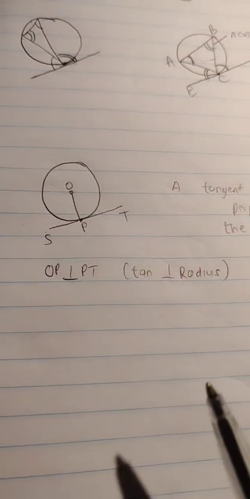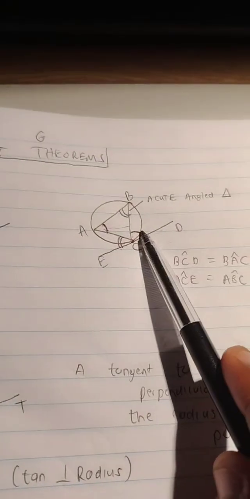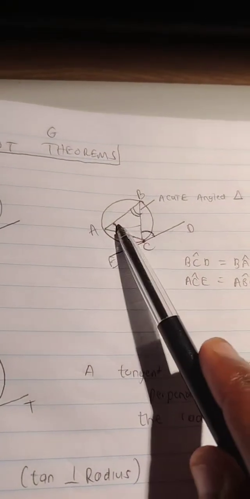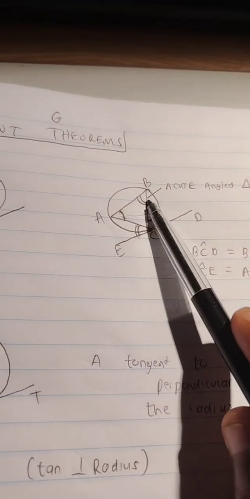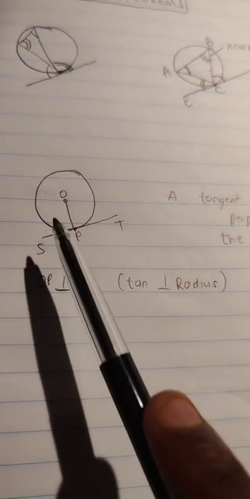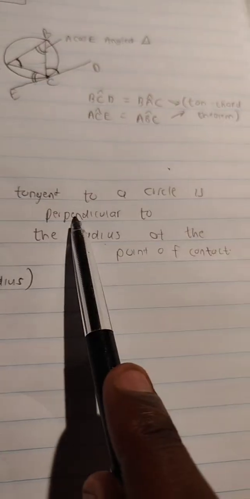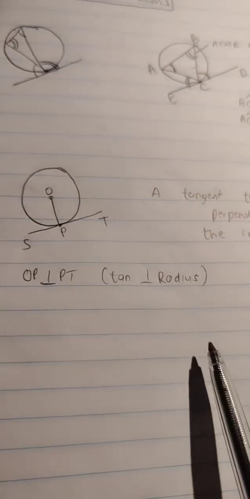Can I move on to the next theorem for tangents? Okay, we have the tan-chord theorem. Hopefully you can see the position of the angles that are equal for the tan-chord theorem. And then we have tangent perpendicular to radius, which means a tangent to a circle is always going to be perpendicular to its radius at the point of contact.